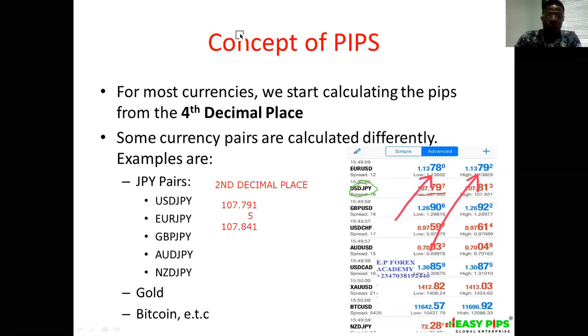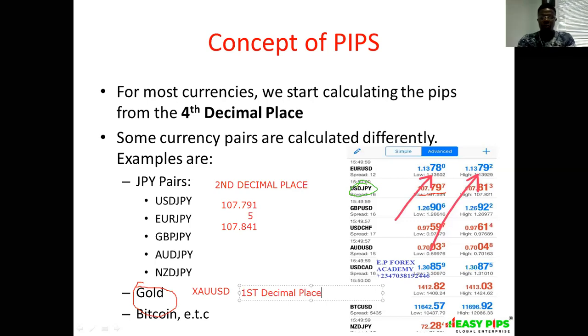Now, for a currency pair like gold, gold is categorized under metal, and gold is represented on your metal 4 by XAU USD. So anytime you see XAU USD, you should know that you are dealing with gold. You calculate gold from the first decimal place.